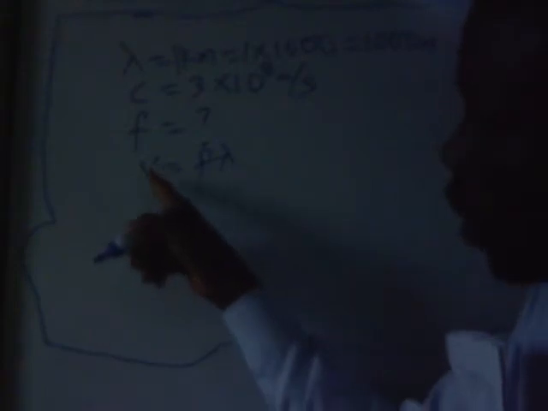So the suitable formula here is V equals f lambda, and that V is the same thing as C, the speed. So C equals f lambda.